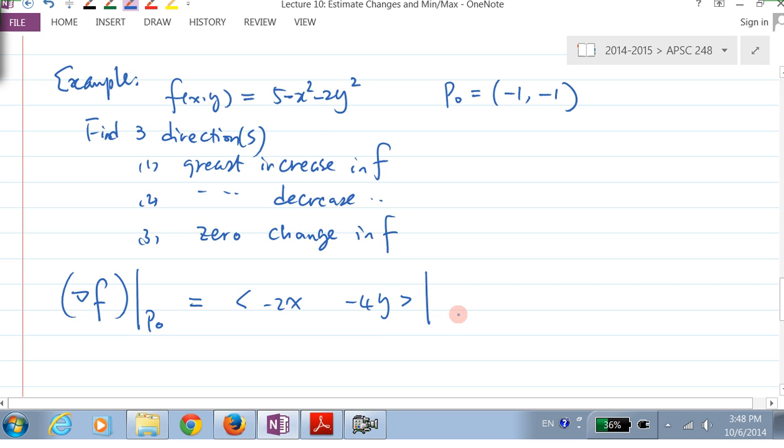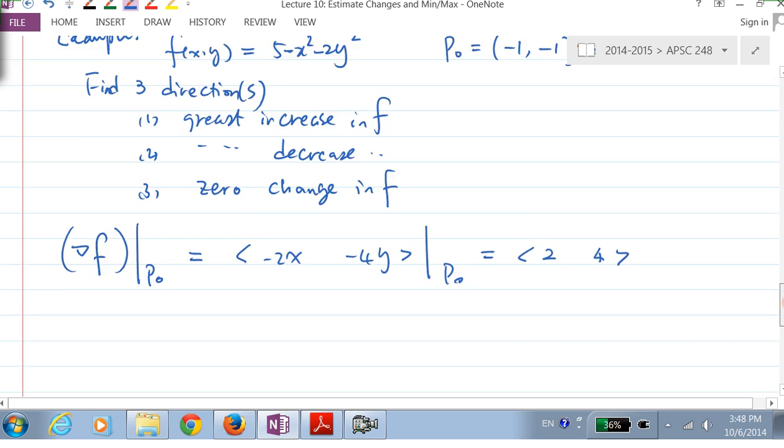Then you plug the point P naught into this gradient vector, x equal to -1, y equal to -1. Once you plug it in, the first one is 2, the second one is 4. So that's the gradient vector at that location.